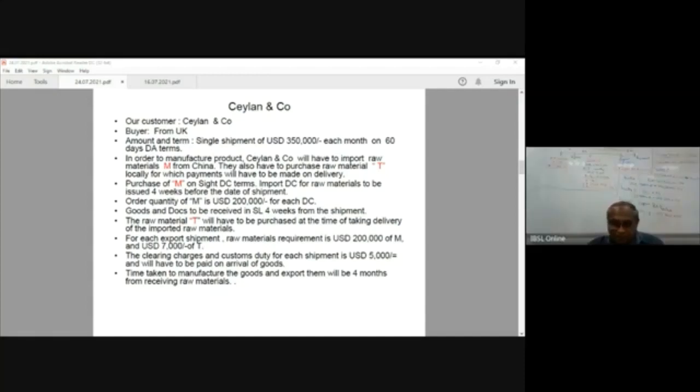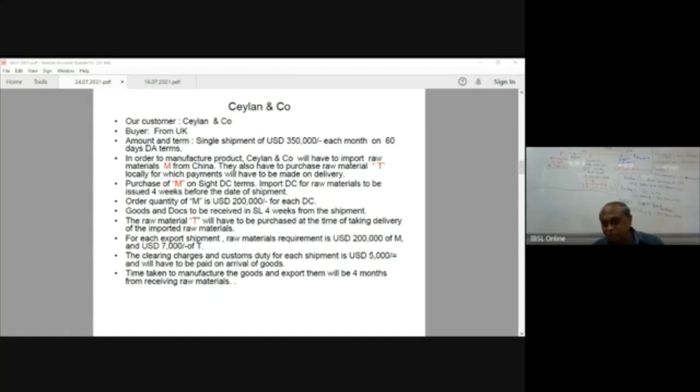Now, this is a question I'm receiving very often these days. Banks are like, sir, on the due date, the customer is prepared to pay, but we can't convert it to dollars. No dollars in the market.